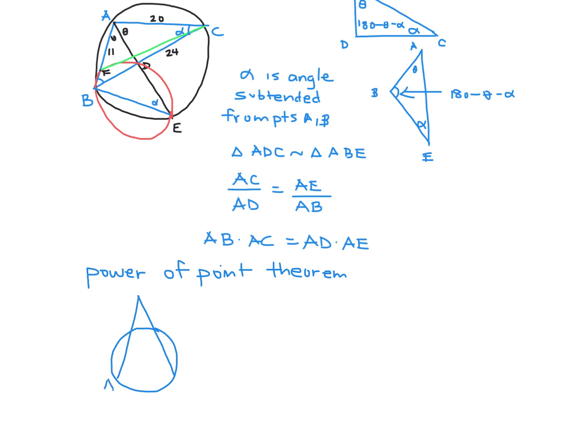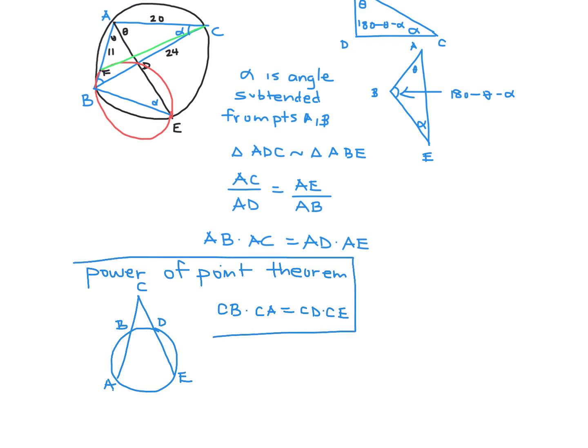Let's label these points A, B, C, D, and E. The power of a point theorem states that in such a diagram, CB times CA is equivalent to CD times CE. We are going to apply that on our diagram.